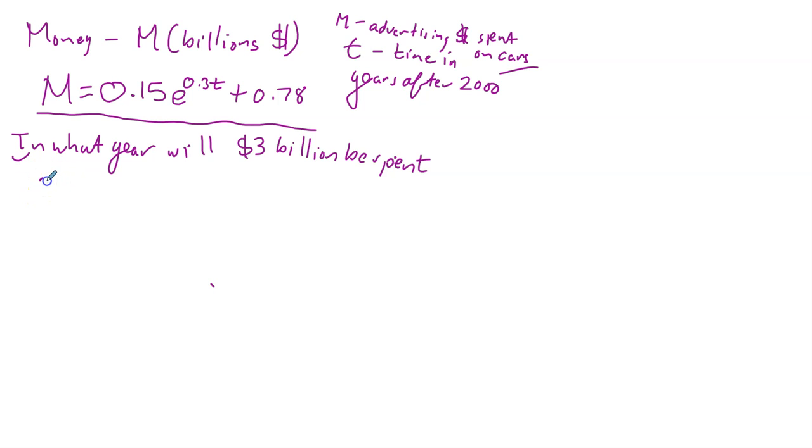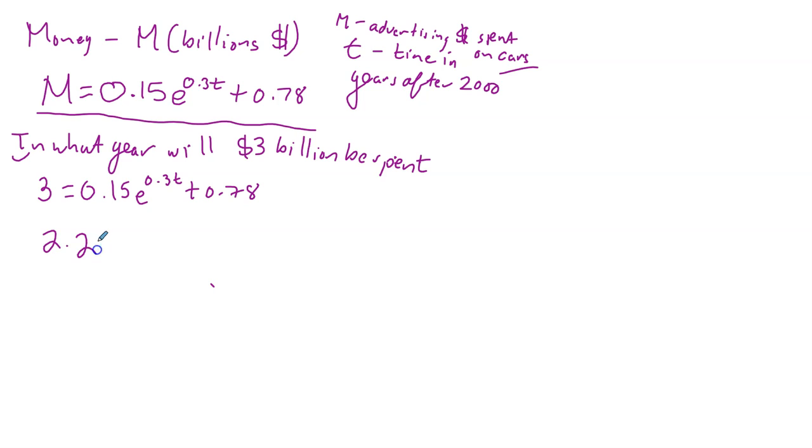Okay, so M is the money in billions that's spent. So 0.15 E to the 0.3 T plus 0.78. So the idea is, let's isolate this. Okay. So step 1 will be to subtract 0.78 from both sides.